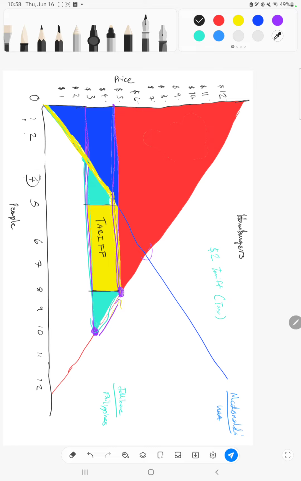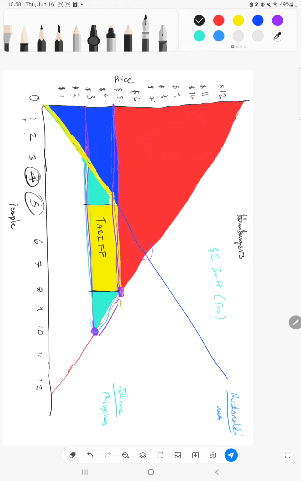What happens to customers 4 and 5 is that they say they want hamburgers, but Jollibee says we don't have that capacity. We cannot provide hamburgers that are cheaper than $5.